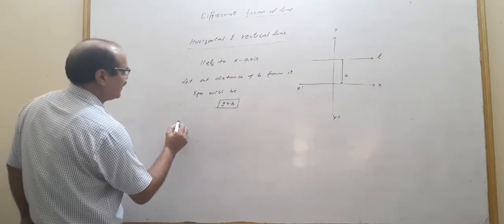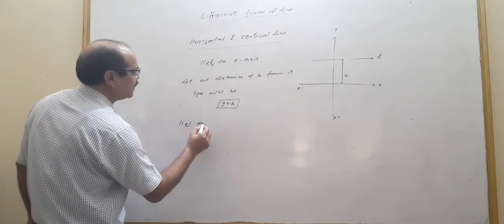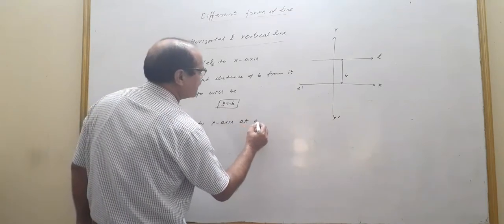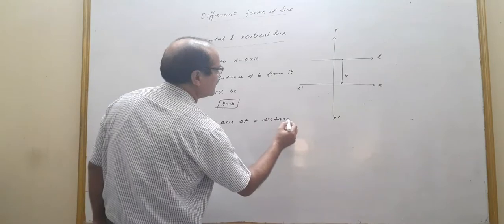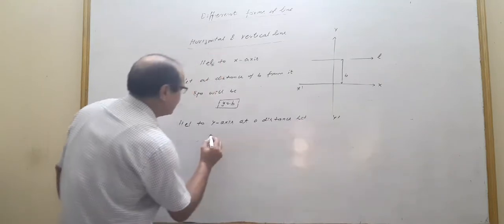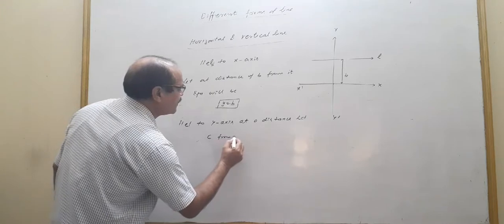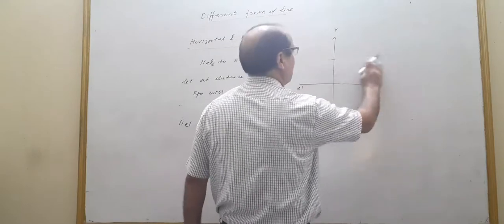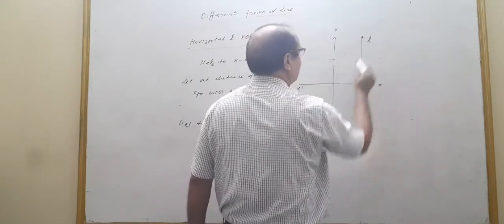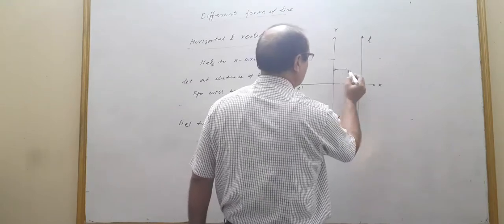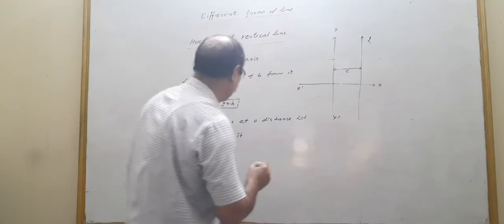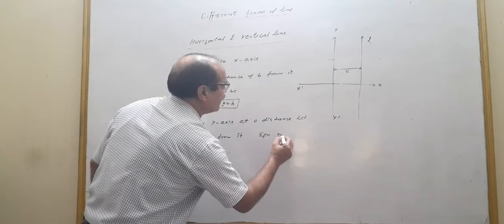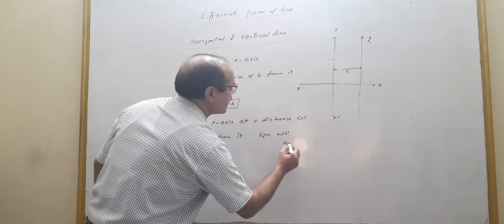The second case, when the line is parallel to y-axis, and it is at a distance, let c, from it. If I draw the line parallel to y-axis, the line will be like this, and this is the line parallel to y-axis and at a distance of c from it. Therefore the equation of this line will be x is equal to c.